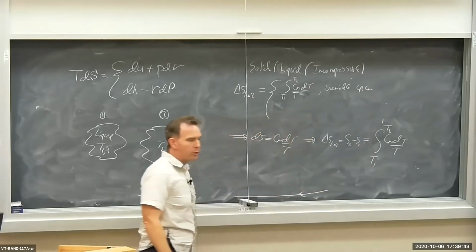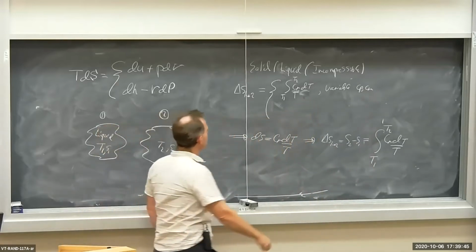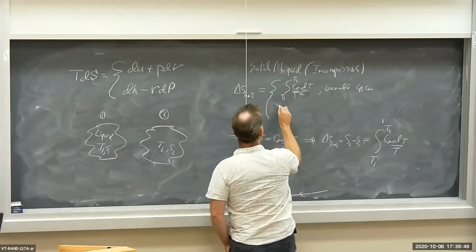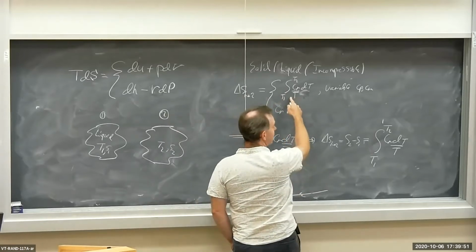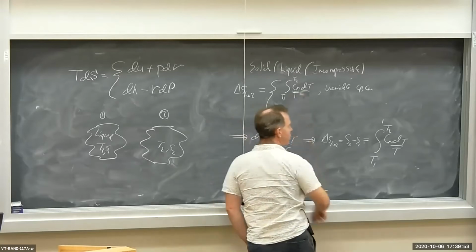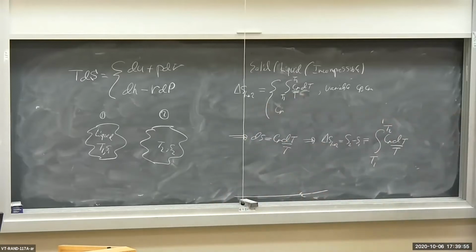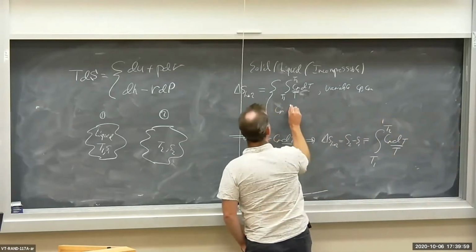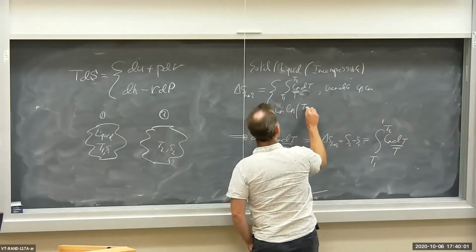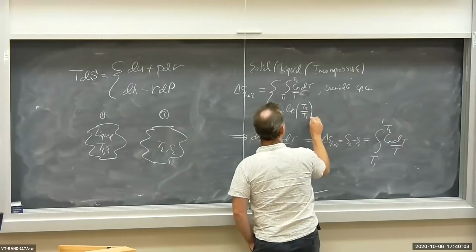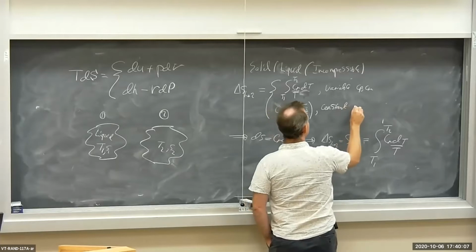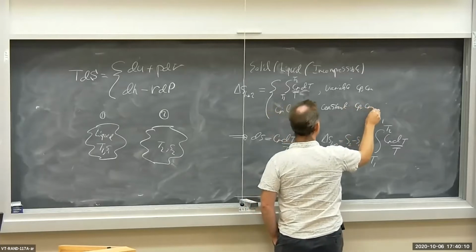And of course, if we assume constant specific heat, the CV gets pulled out of the integral, and then I can evaluate the integral. The antiderivative of 1 over t is natural log of t. So I get CV ln T2 over T1, and this is for constant specific heat, okay?